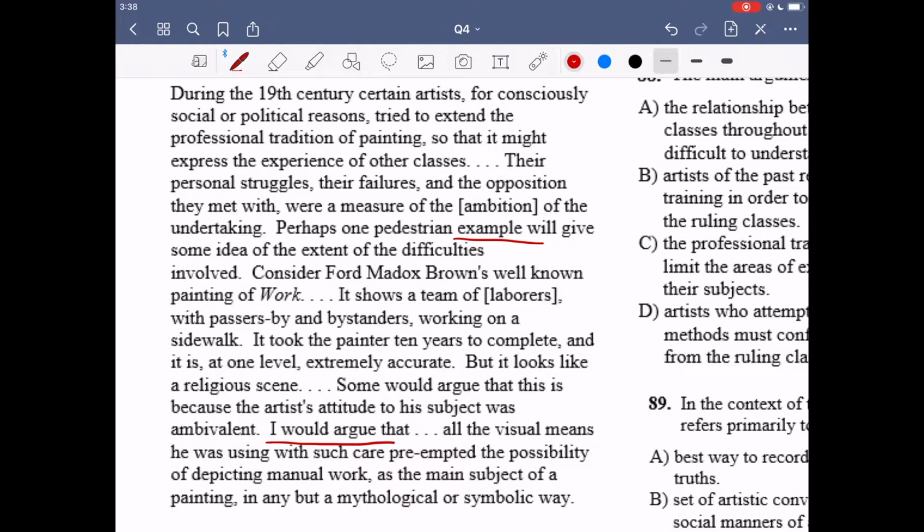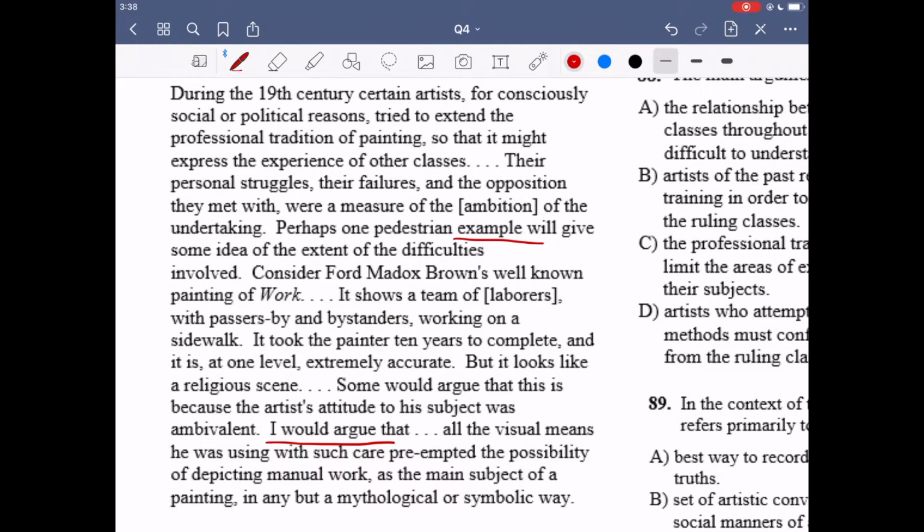which is obviously not how something that's just a normal everyday scene that you see should be painted. And so the author is arguing that because of the training that the artist received, they couldn't paint the subject in any way but a mythological or a symbolic way. And so once again, this is like the values of the upper class, right?